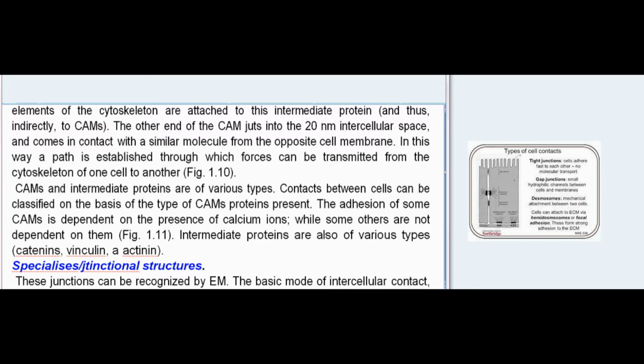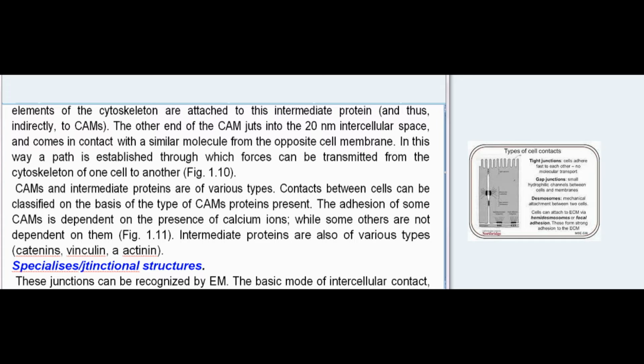Contacts between cells can be classified on the basis of the type of CAM proteins present. The adhesion of some CAMs is dependent on the presence of calcium ions, while some others are not dependent on them, Fig 1.11. Intermediate proteins are also of various types: catenins, vinculin, actinin.